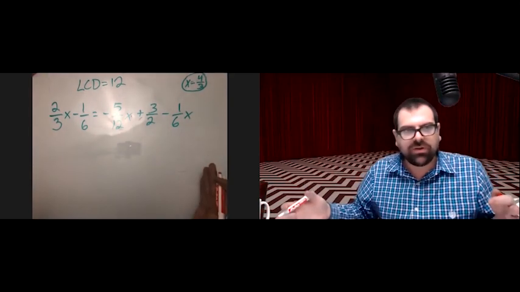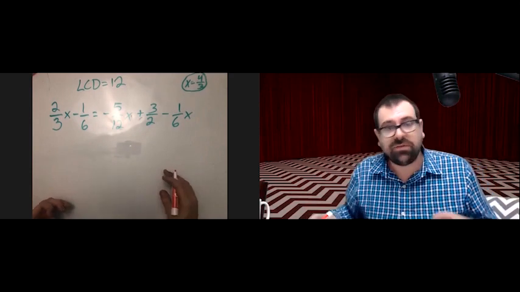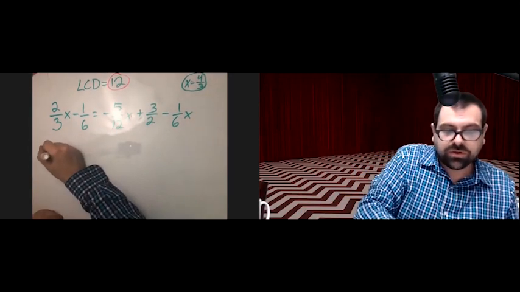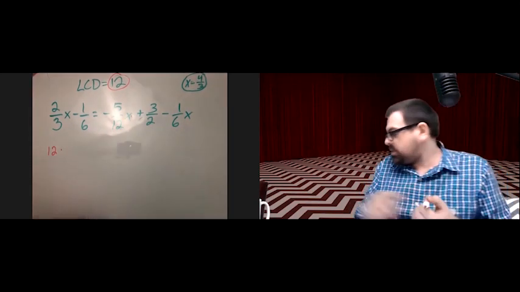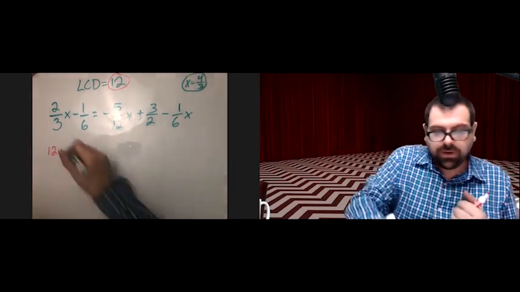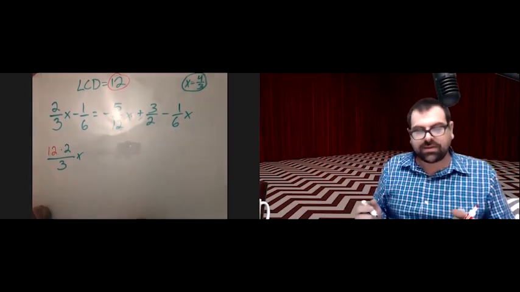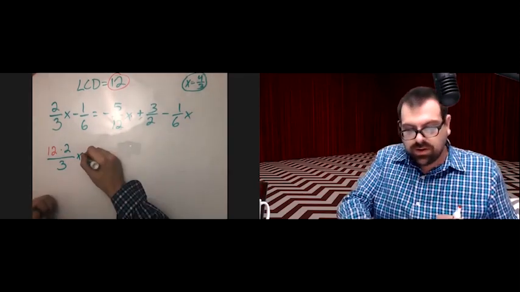And it's all perfectly legal because it's multiplying both sides by 12. The end result is we take this 12 and we go 12 times 2/3x. So instead of 2/3 x, I put a times 12 in there.